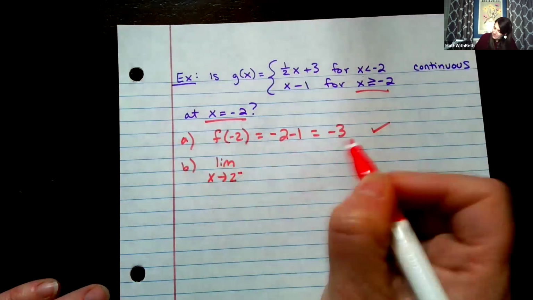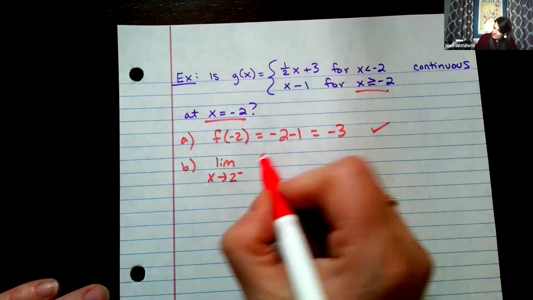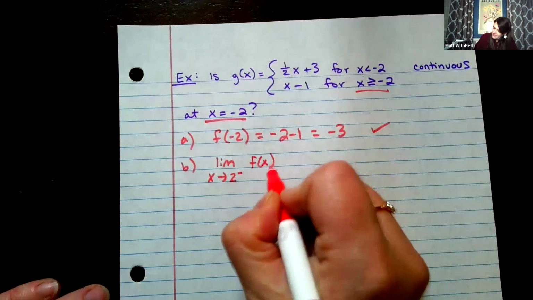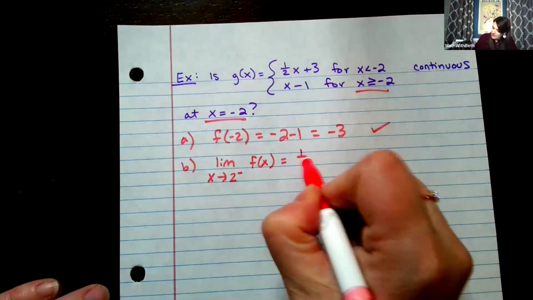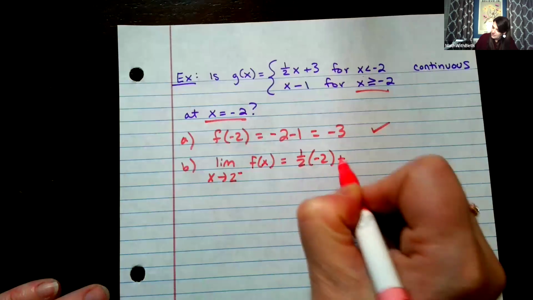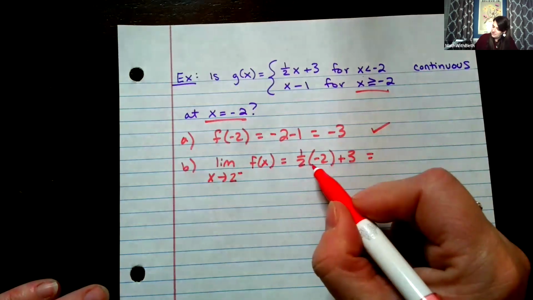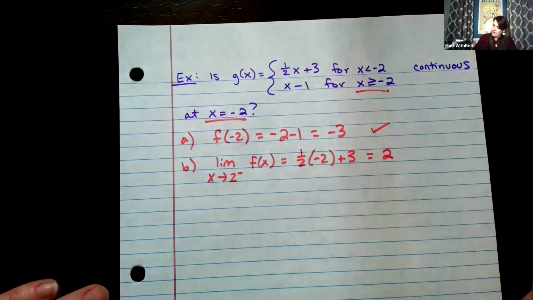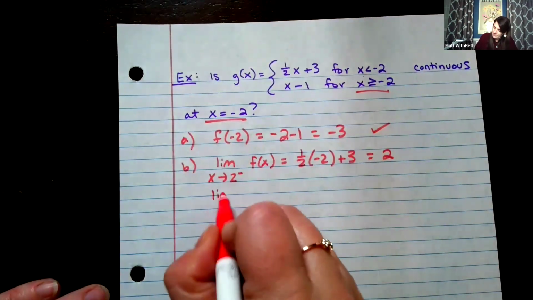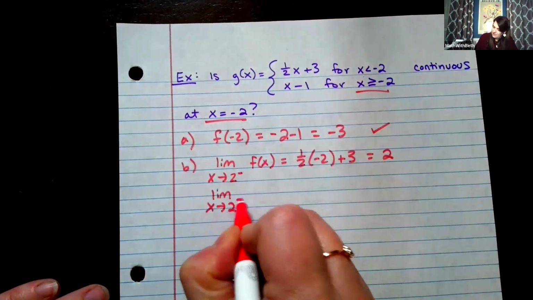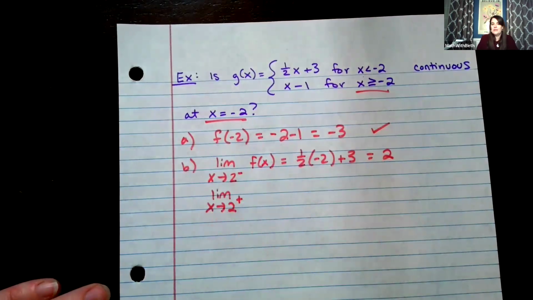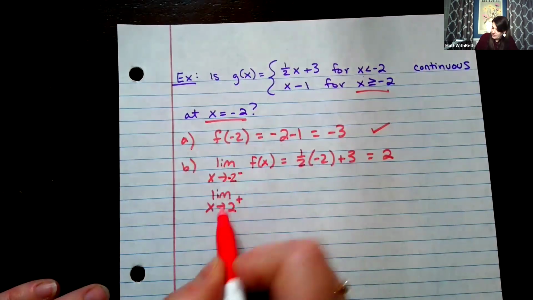To find the limit as x approaches -2 from the left of f of x, we need to plug -2 into that top function, which in this case gives us -1 plus 3, which is 2.